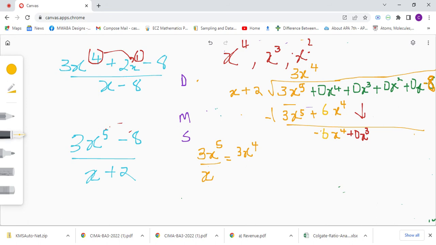And so x to the power 4 really confused me. I thought it was 4 times 3.